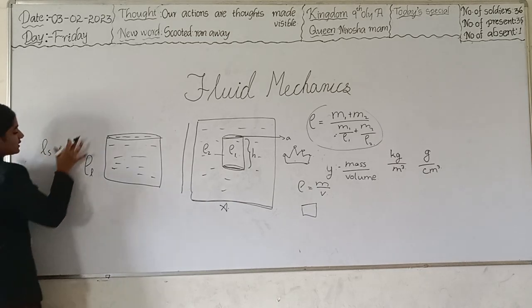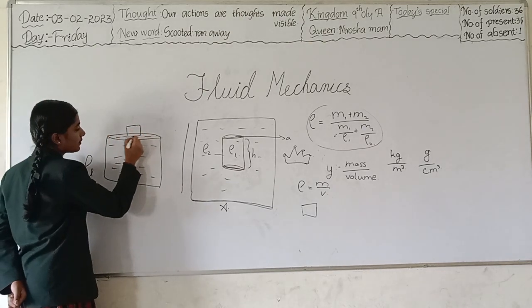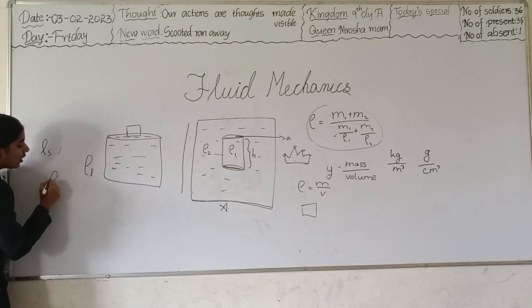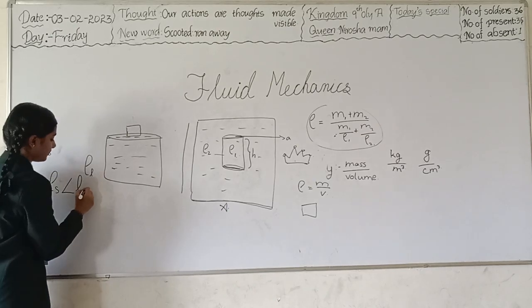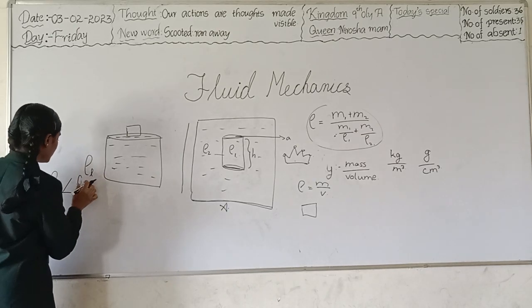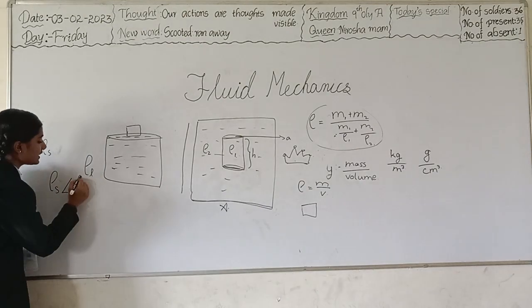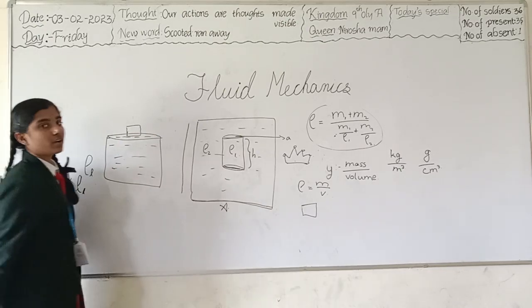So I took rho S. If you place this here, as we know, wooden cork is of less weight, and also wooden cork's density will be less than the liquid's density. So in this case, the wooden cork floats on the water.